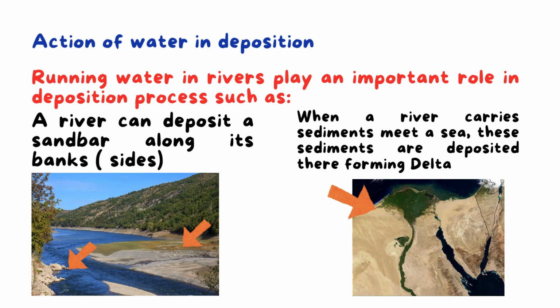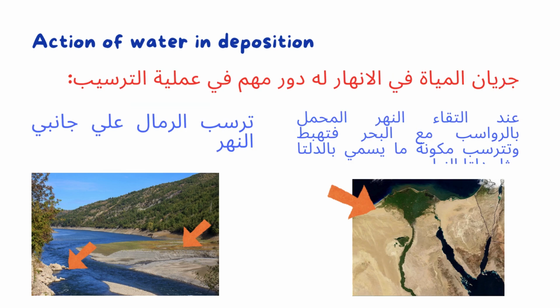Action of water in deposition. Running water in rivers, as you saw, plays an important role in the deposition process, such as the formation of a delta. Also, a river can deposit a sandbar along its banks. Banks mean sides, as the river can deposit sediments on its sides.